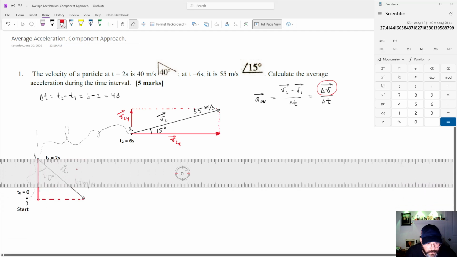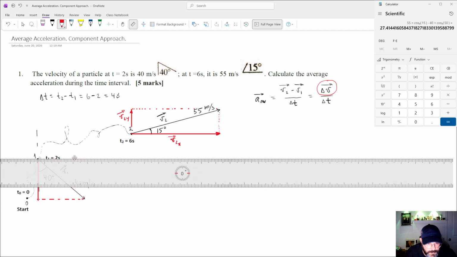And this is going to be our x component here.